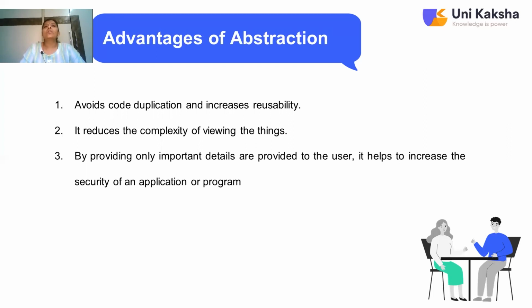Though the bank software has details of each and every account holder, when you perform any kind of transaction, the software displays only the information relevant to you because of security reasons. So abstraction provides a good kind of security for any application or program. All these were the advantages of abstraction.